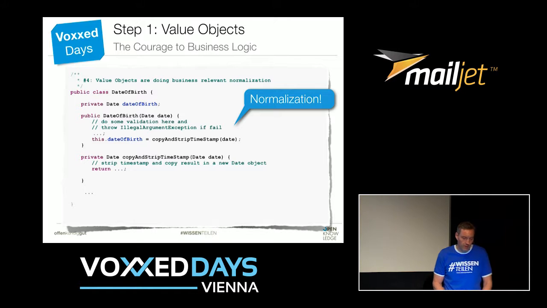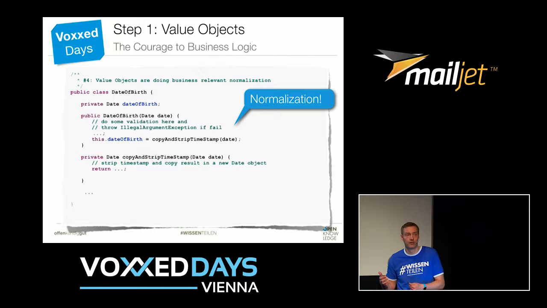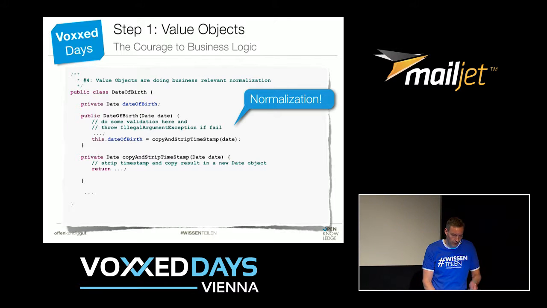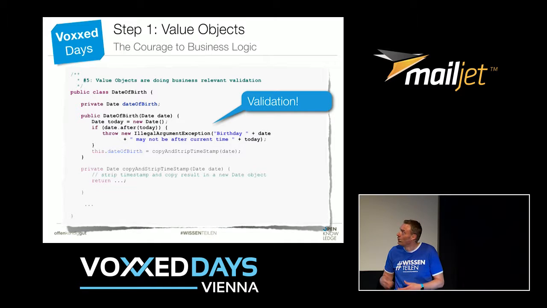And this is all stuff I normally find 100 times all over, copied inside my code, maybe as part of the use case controllers or something like this. But the better place to put it is the object itself, because it's logic of the object itself, and not of the surrounding use case controller. Validation could also be part, or should also be part, of this object. In this case, we have illegal argument exception, which is the fail fast pattern. So if somebody parses something that will not work, we can throw an exception.